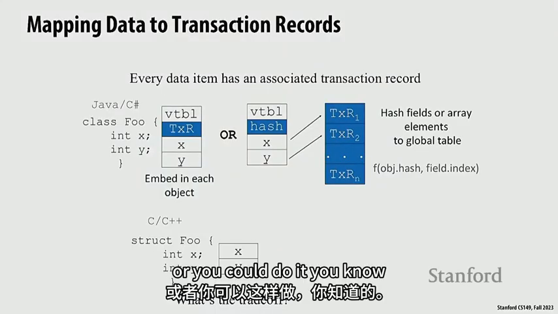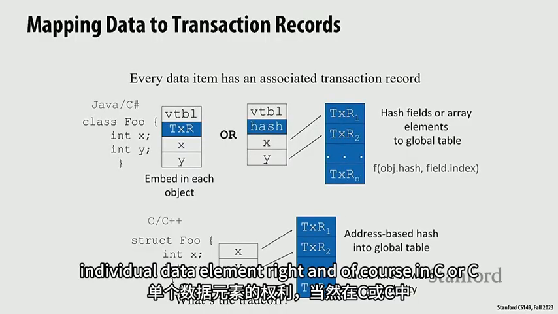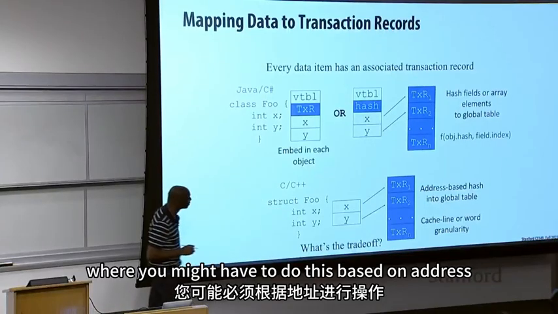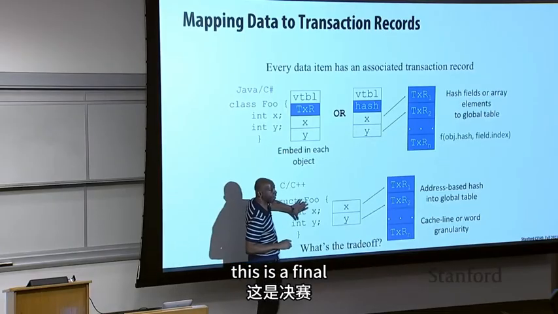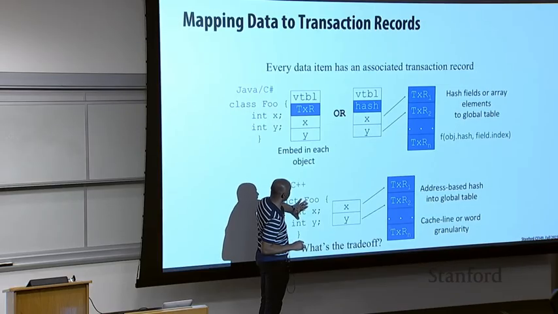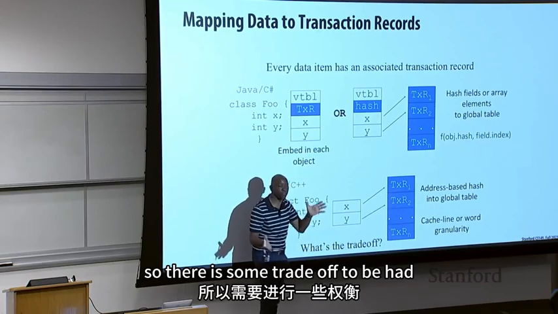Or you could do it per individual data element. And of course, in C or C++, you might have to do this based on address. This is a finer granularity of information about the data than doing it per object, so there is some trade-off to be had.